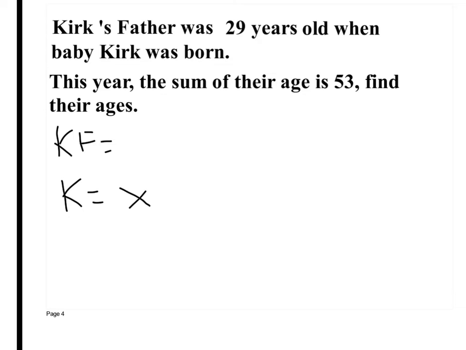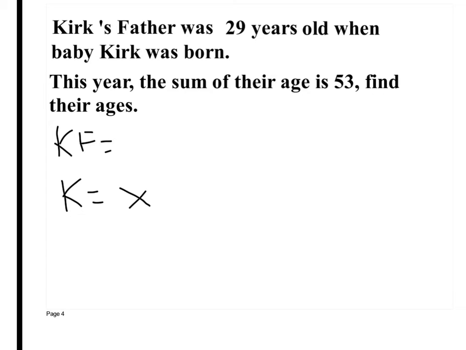If Kirk is 20, how old is his father? 49. What are we doing? Adding 10. Adding what? Don't just say adding. Ages. Whose age? Kirk's. You're adding Kirk's age with what number? 29.